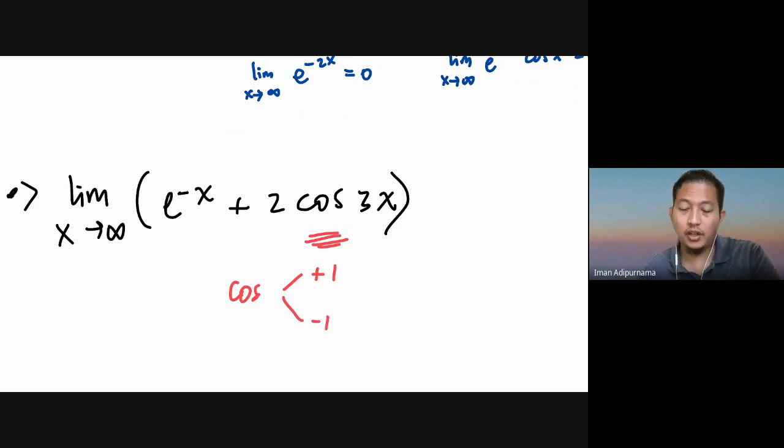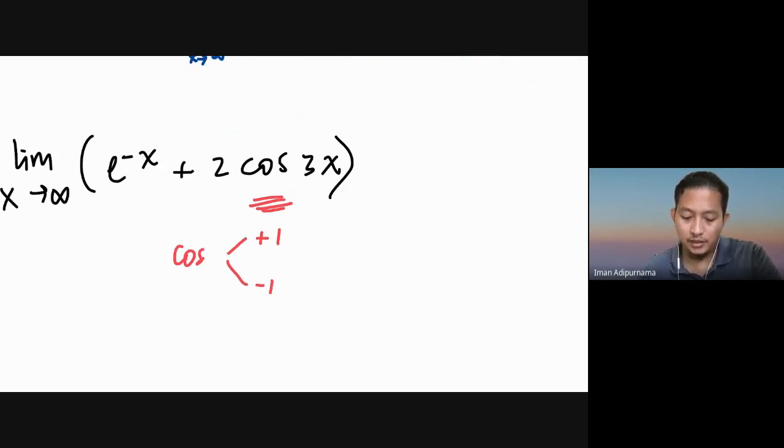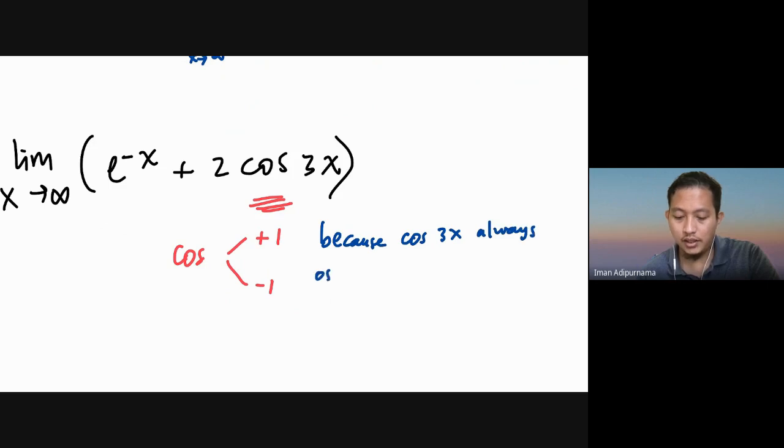You can actually answer that because cosine 3x is always oscillating between -1 and +1.